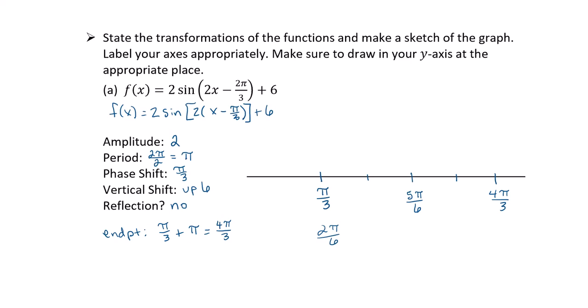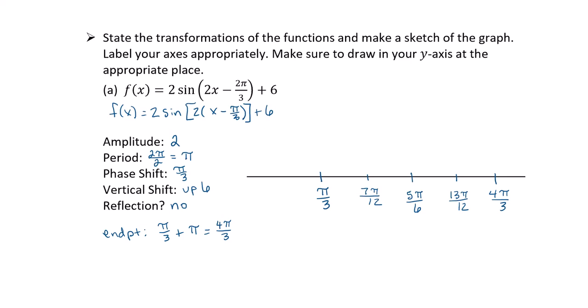And half of 7 pi over 6 is 7 pi over 12. Next, to find this one, 5 pi over 6 plus 8 pi over 6 is 13 pi over 6. And half of 13 pi over 6 is 13 pi over 12. So we have our x places for the 5 key points.